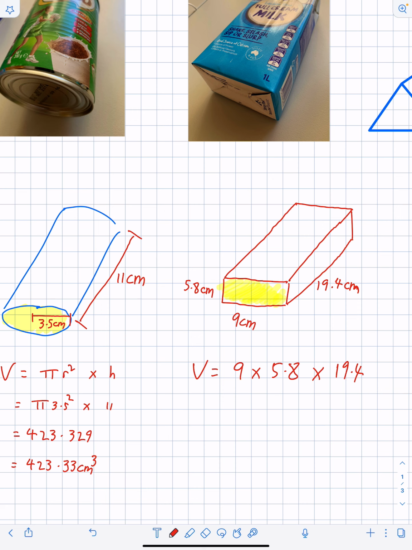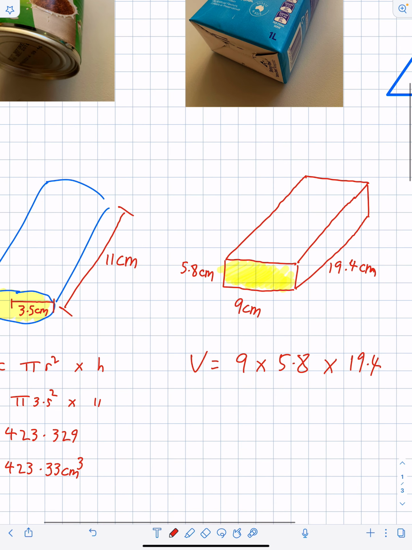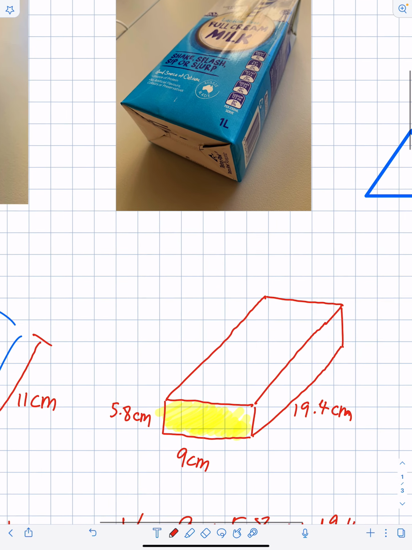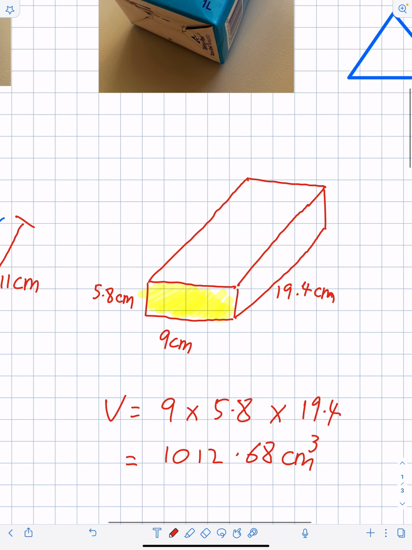And then we use our calculator. And we got a volume of 1,012.68 centimetres cubed.